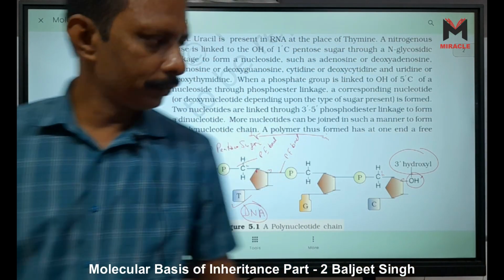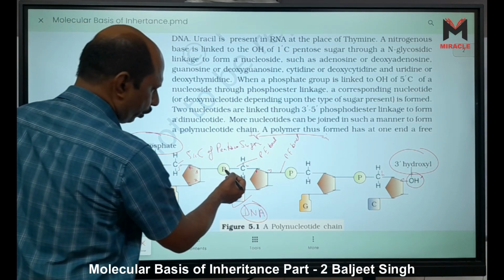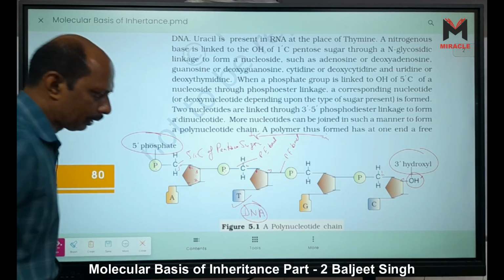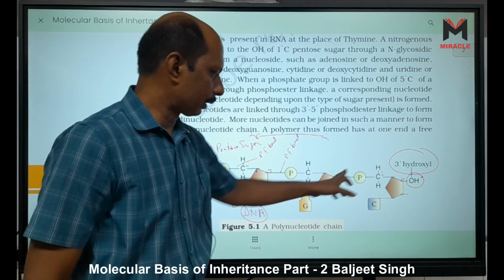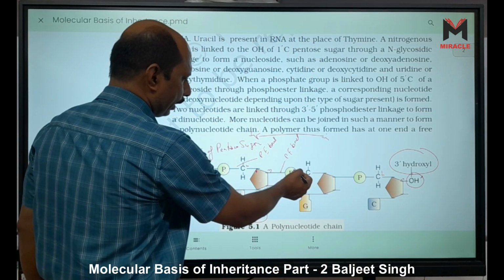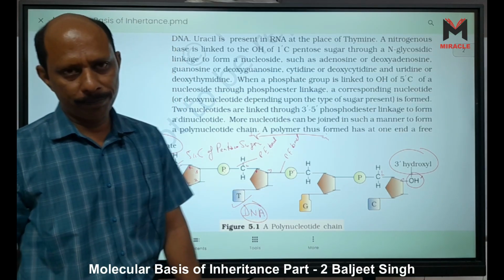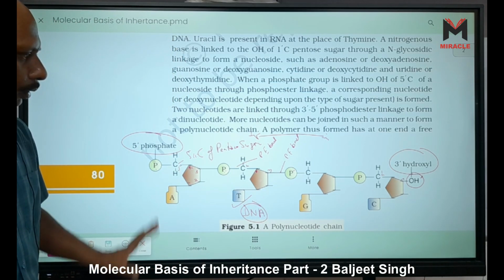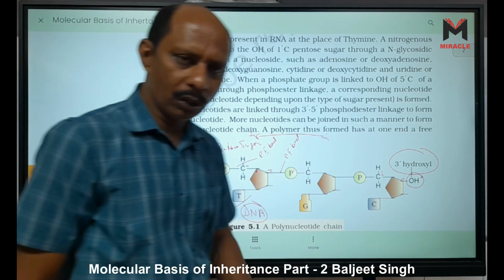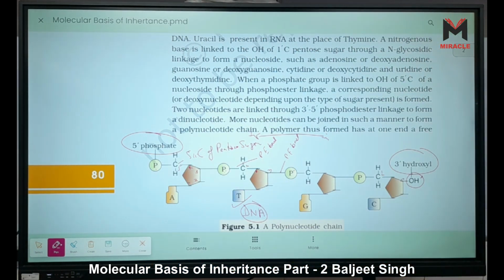Now this phosphate belongs to thymidylic acid, this one to guanylic acid, and this one to cytidylic acid. And this is another phosphoric acid that binds with the third carbon of the pentose sugar. So 3' means a hydroxyl group is there, and 5' means phosphoric acid is attached, so a phosphate moiety is there.